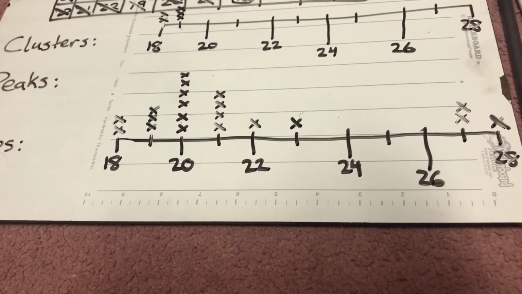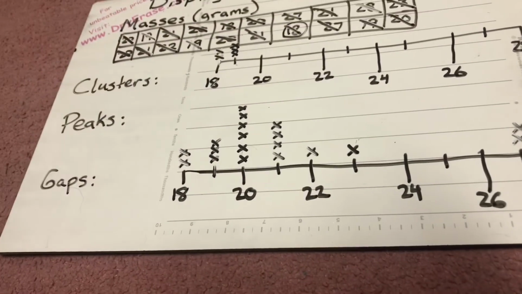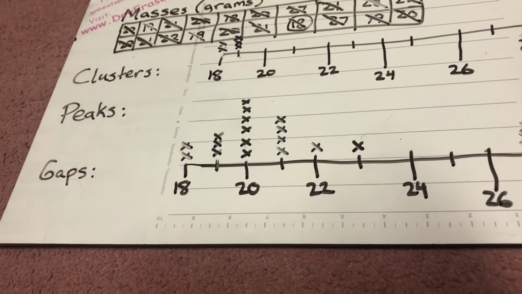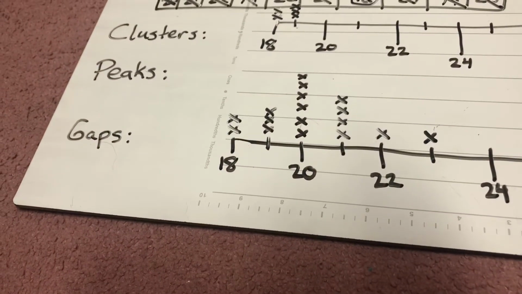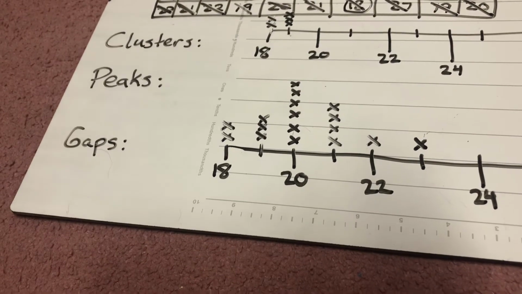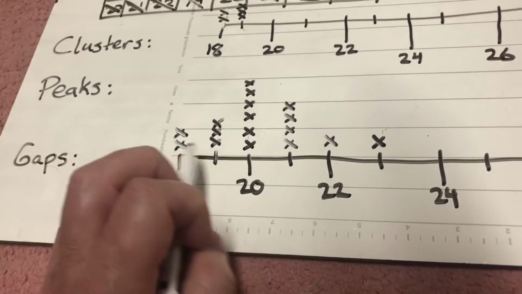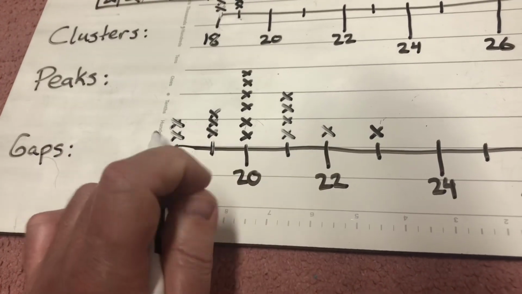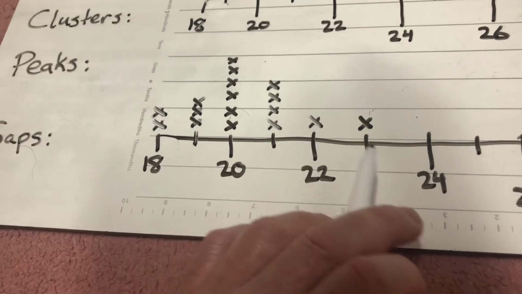But it's also telling me to focus on clusters, peaks, and gaps. Well, clusters are when you get a whole bunch of numbers together. Like I've got a whole group here, 18 through 23. It's all kind of plugged together.